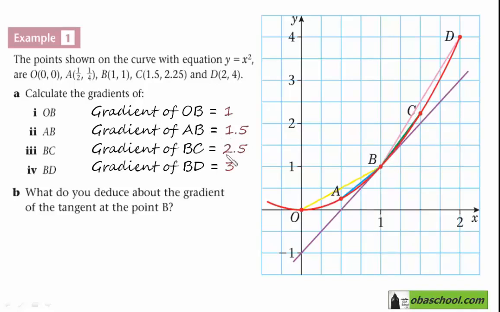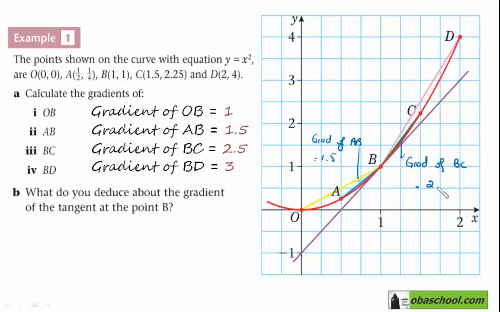But we have the gradient of AB and the gradient of BC. Then we can say that the gradient of the tangent at B, which is between A and C, is going to be between the gradient of AB and the gradient of BC.